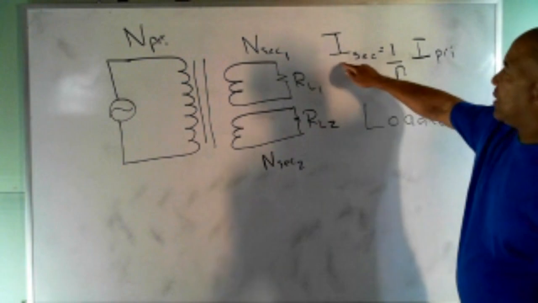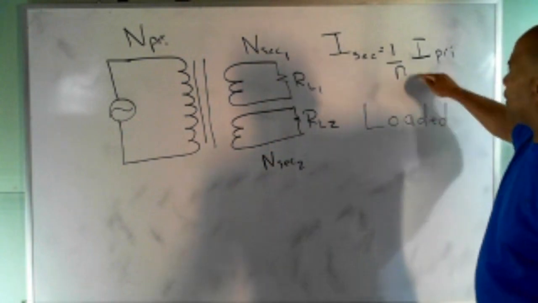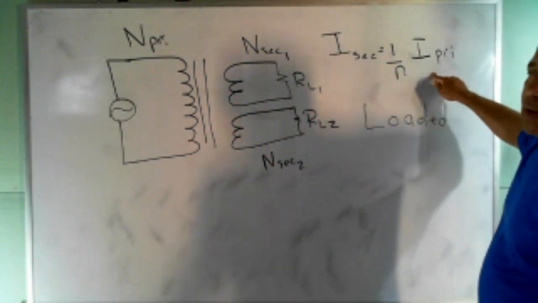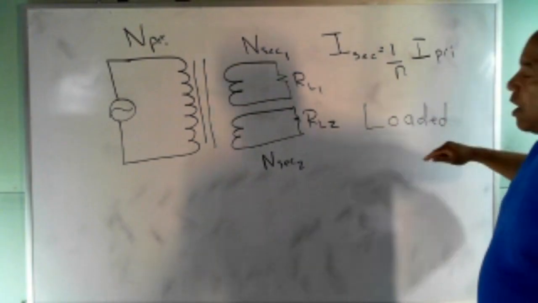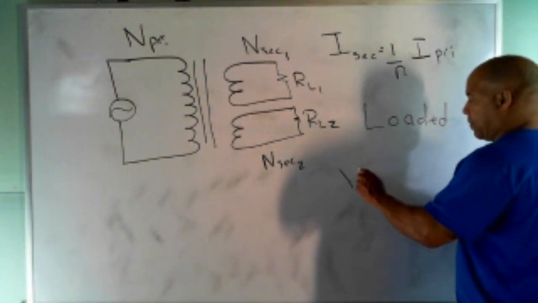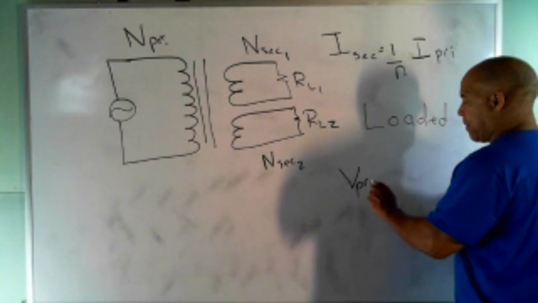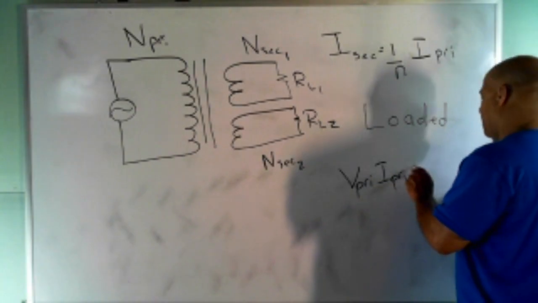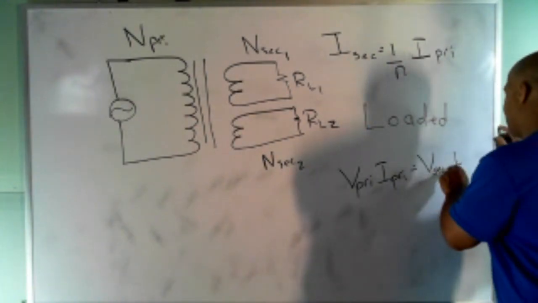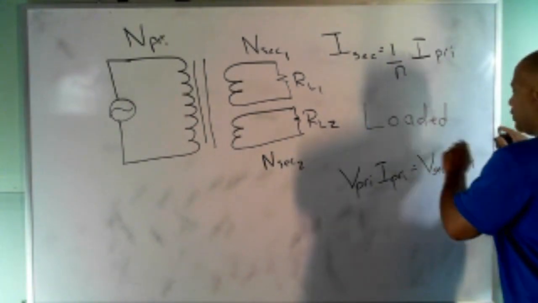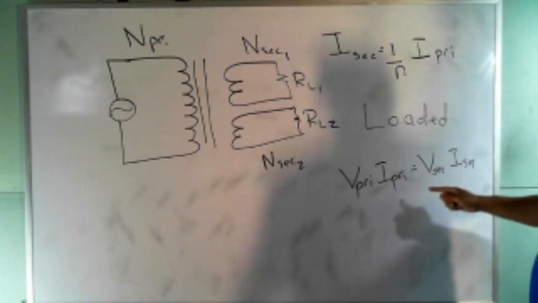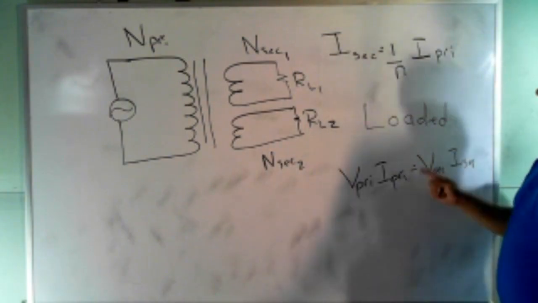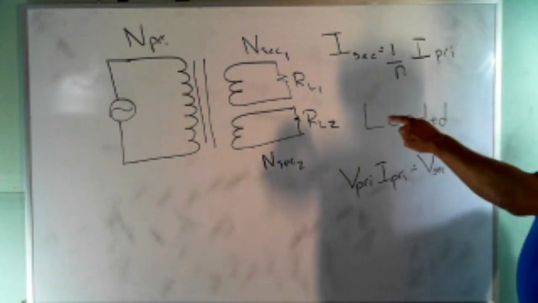If you know this and you know the turns ratio, you can solve for I pri. And I said I know that, but I always use the power equation: V pri times I pri equals V sec times I sec. I use this equation to solve for I pri instead of this one. This is the reason why.